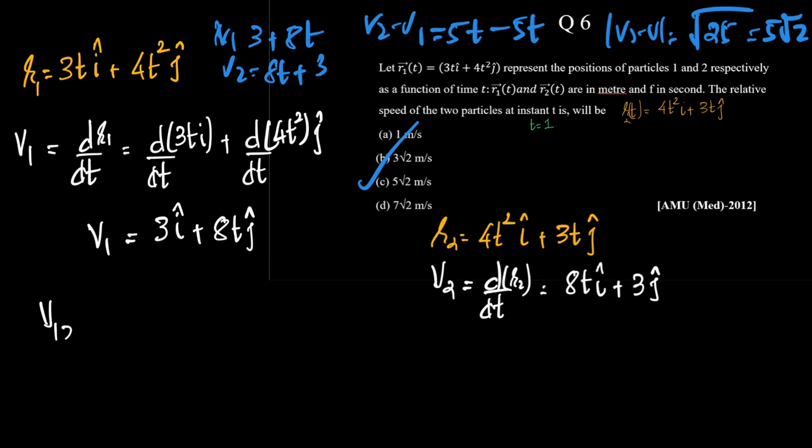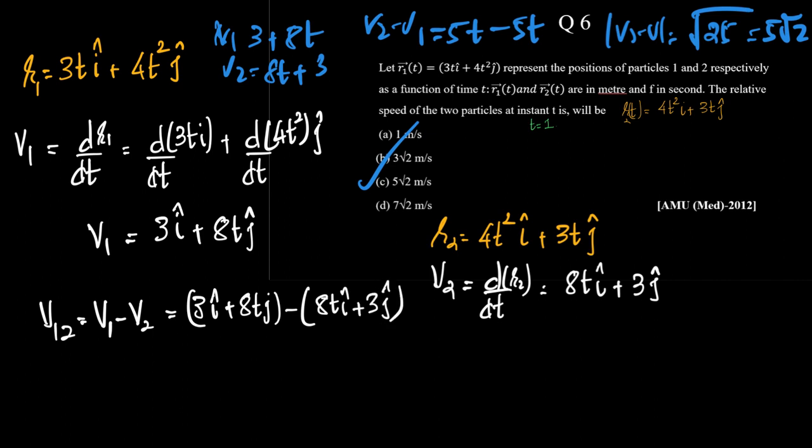Now, what is V12? It is the velocity of 1 with respect to 2, or the velocity of 1 as seen from 2. So V12 is V1 minus V2, which is 3i cap plus 8tj minus 8ti plus 3j, which will further be equal to 3i plus 8tj minus 8ti cap minus 3j cap.